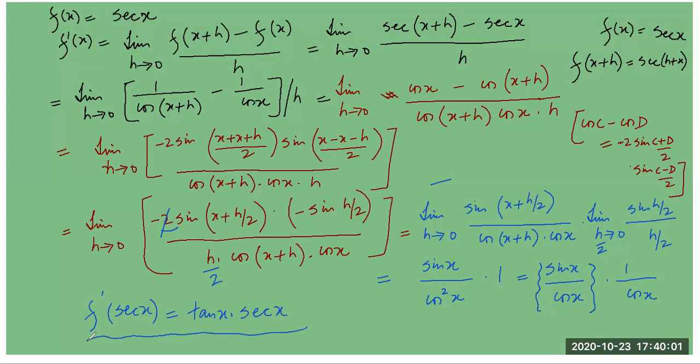Beautiful. Once I go for antiderivative in plus 2 class, I'll get the integral of tan x secant x dx. Integration is the reverse of differentiation. Differentiation helps me to find the derivative of a function.